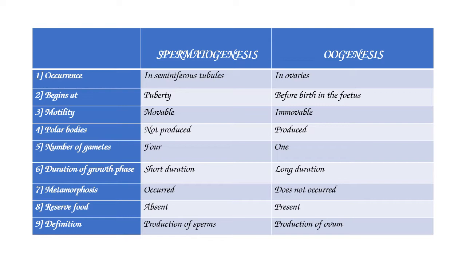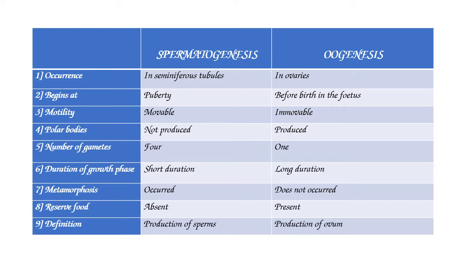And when does it begin? Spermatogenesis begins at puberty, after sexual maturity, whereas oogenesis begins before birth in the fetus, during intrauterine life itself.